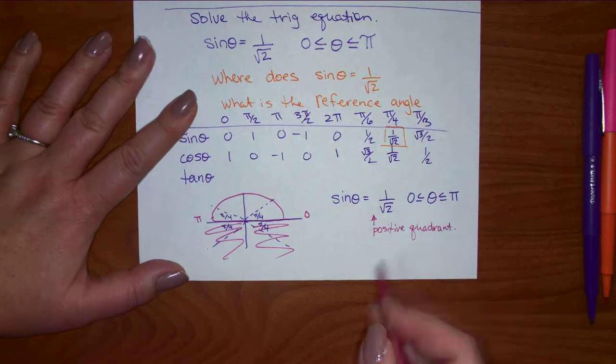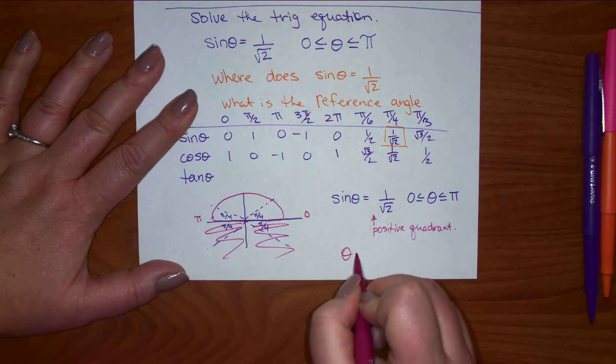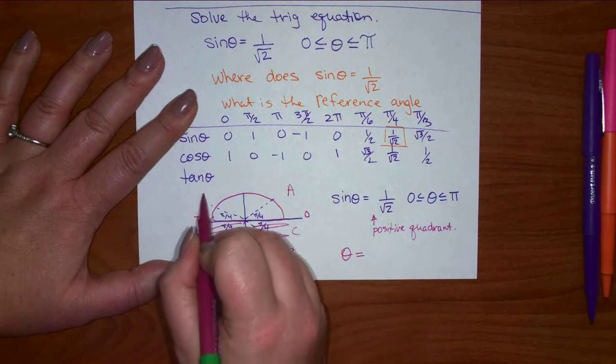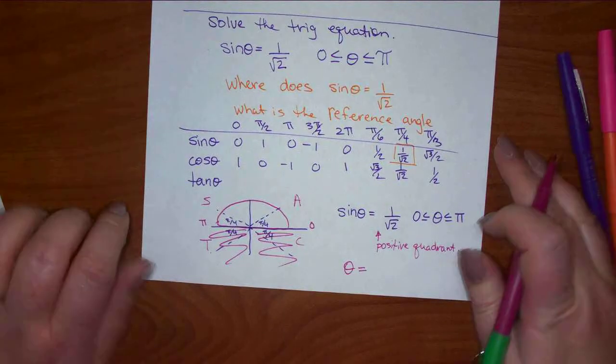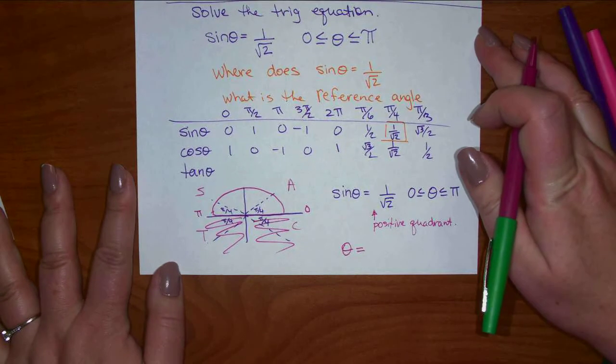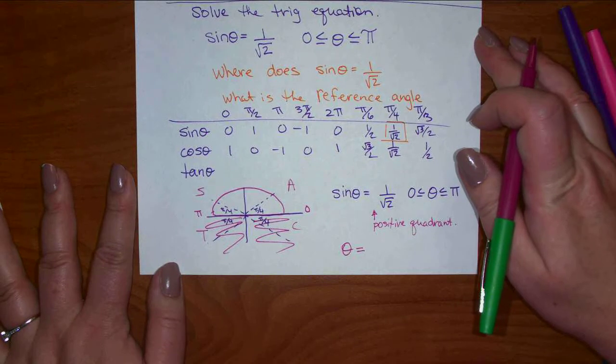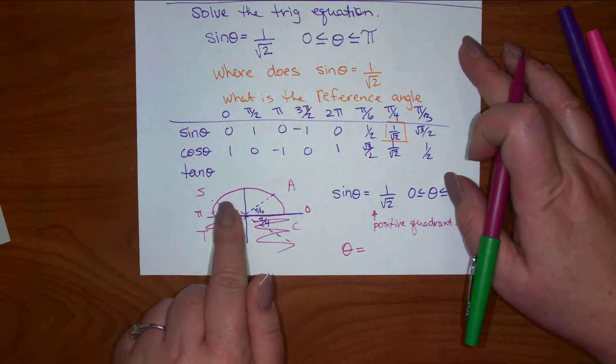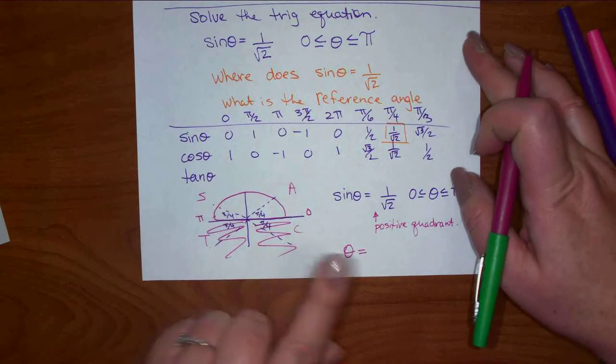So theta would be equal to, which one is the positive? Both. You see the sine is positive both here, all are positive, and sine is also positive here. So there's two answers to this.